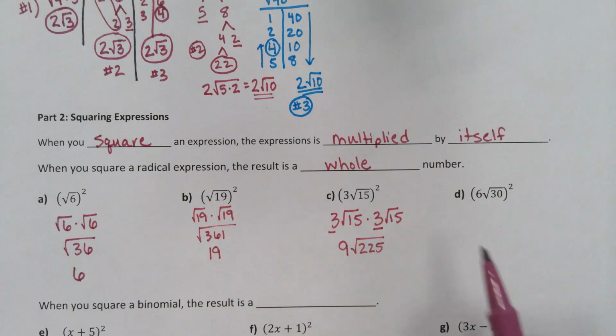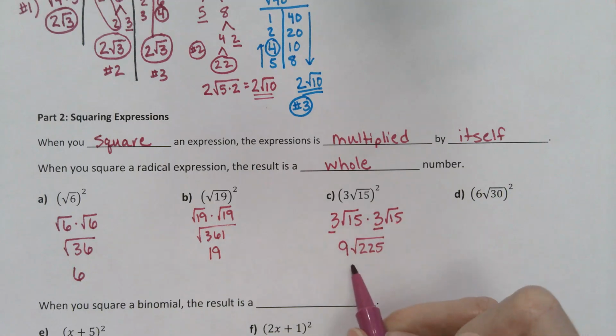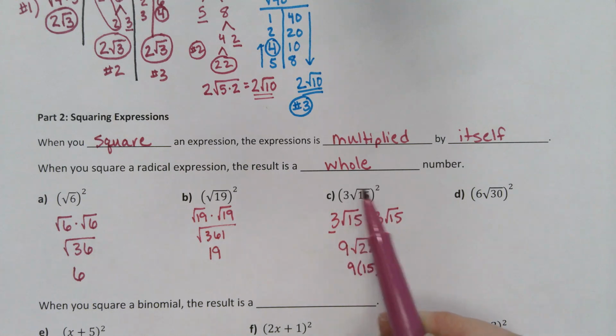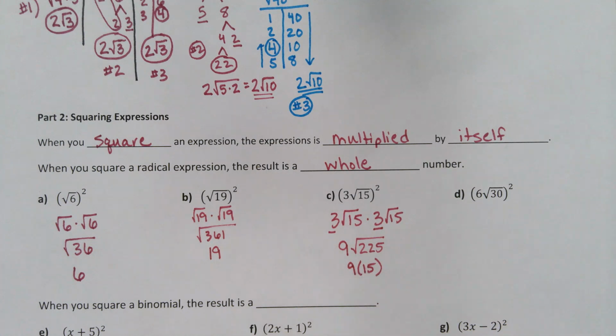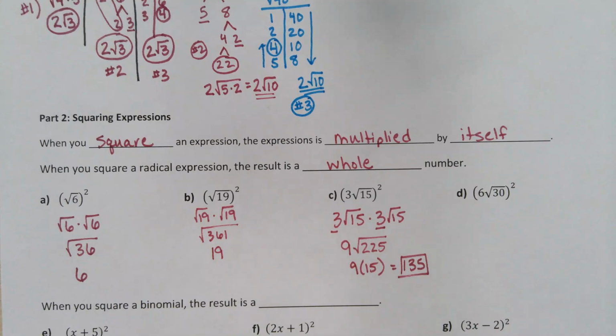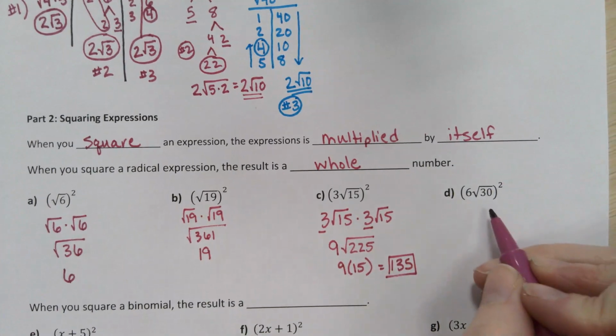Or, if you remember, a root times itself is just going to give you that regular number. So what's really happening here is you're doing 3 squared, 9, root 15 squared, 15, and then those two things are multiplied together to give you your final answer. For this one, 135.